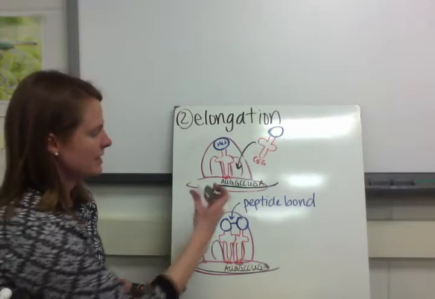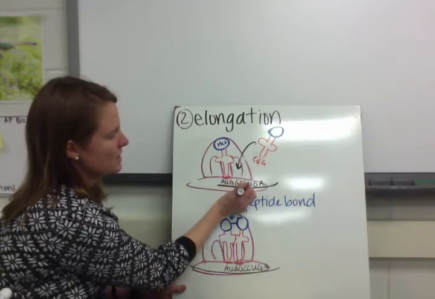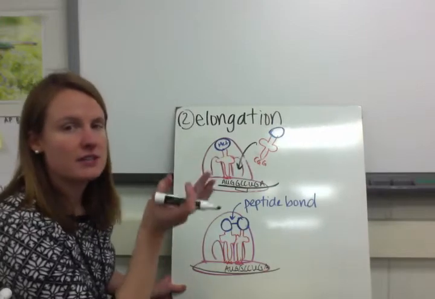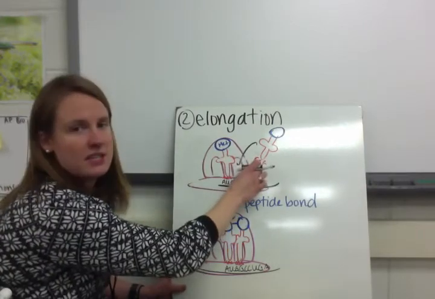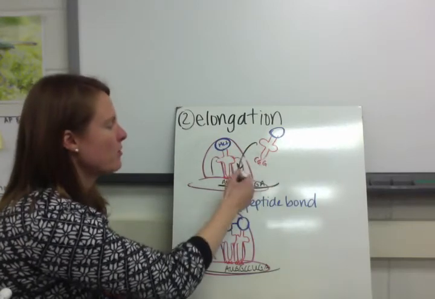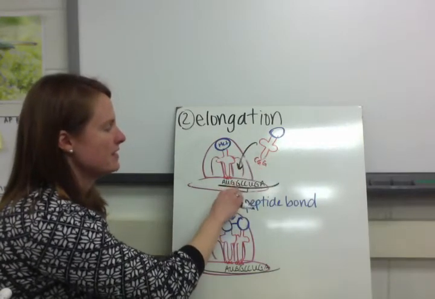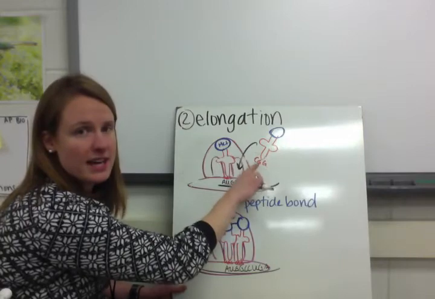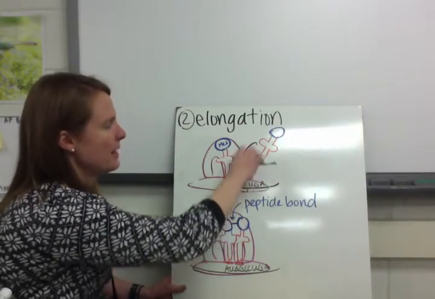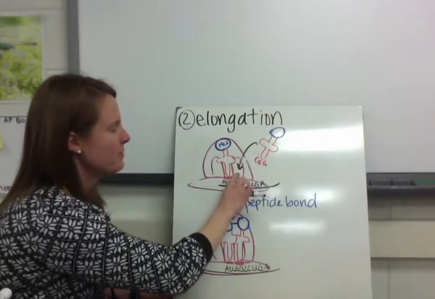In this case, our next codon is GCC. Floating around in the cytoplasm are lots of tRNAs with their amino acids attached. When the right one, in this case CGG, so it has the anticodon of this codon, comes along, it binds in this spot in the ribosome.